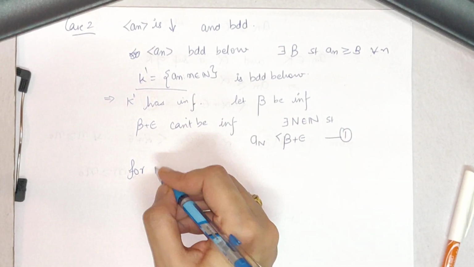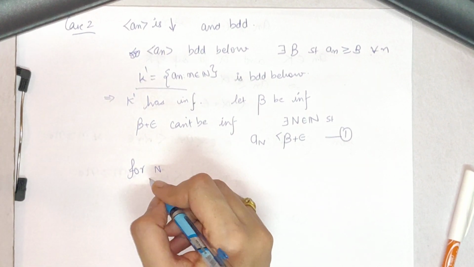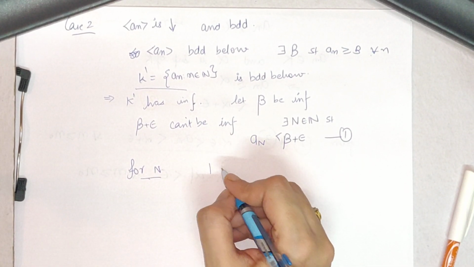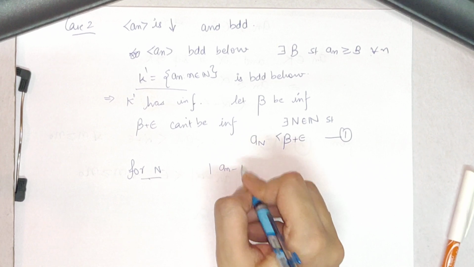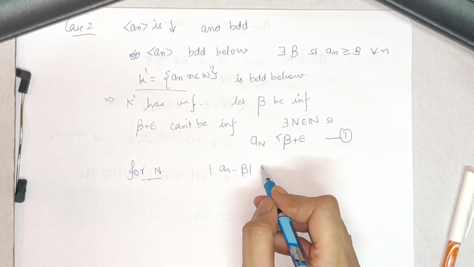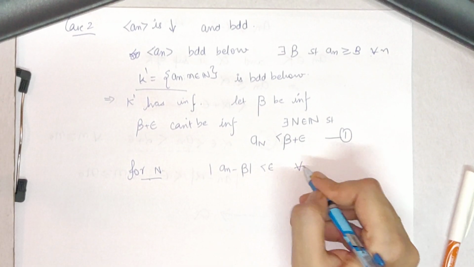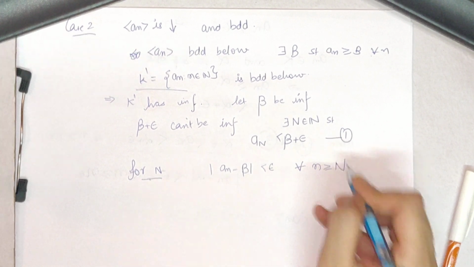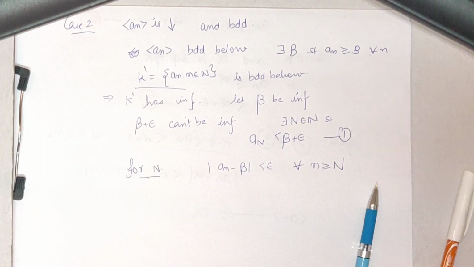So for this n, what we have to prove? Mod of an minus beta is less than epsilon for all n greater than or equal to n. We'll show sequence an converges to beta.